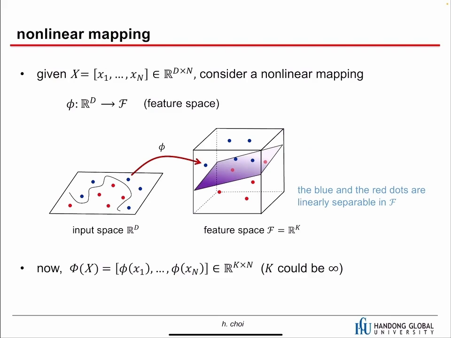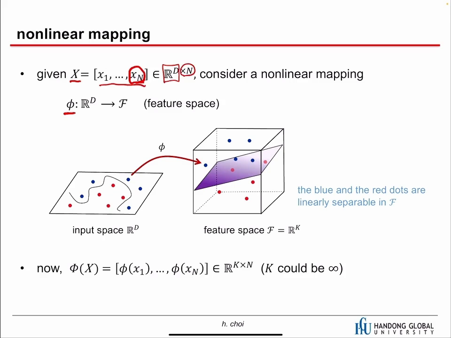Now we have to talk about nonlinear mapping. As I said before, with the principal curves, the projection map is not linear, which means all the points are projected in different directions. So let's think about this nonlinear mapping. Given X, which is n samples, we can think of this nonlinear function phi. One data sample x_i belongs to d-dimensional space, and we have n samples.